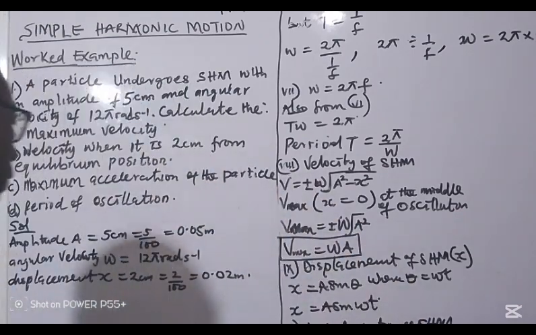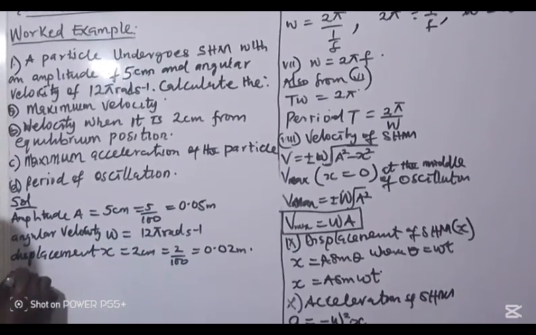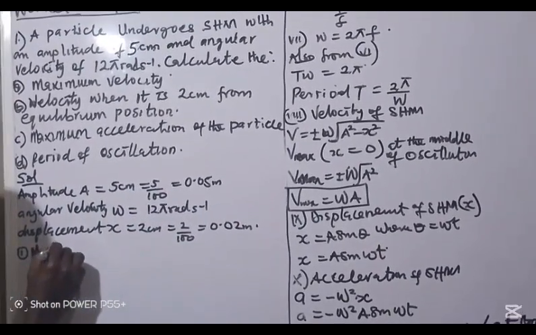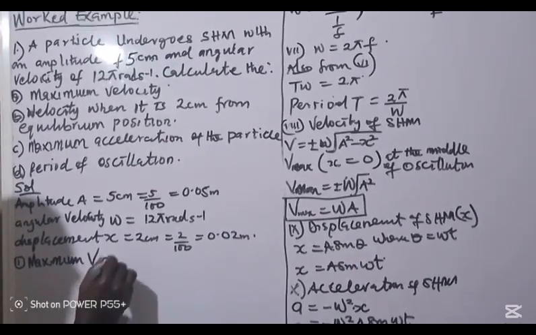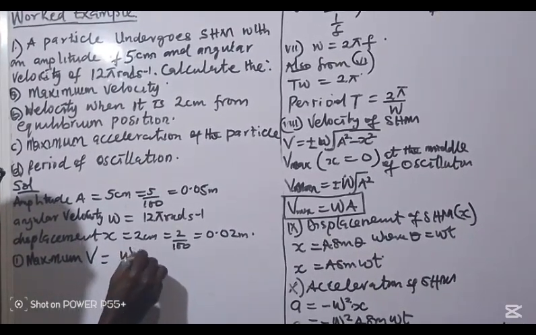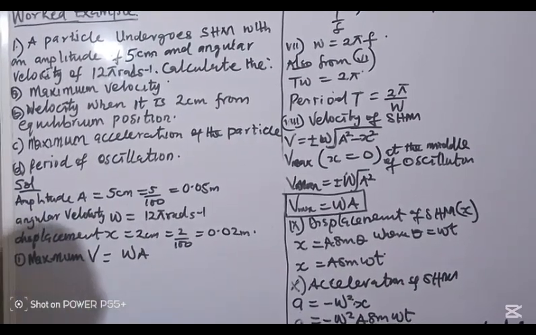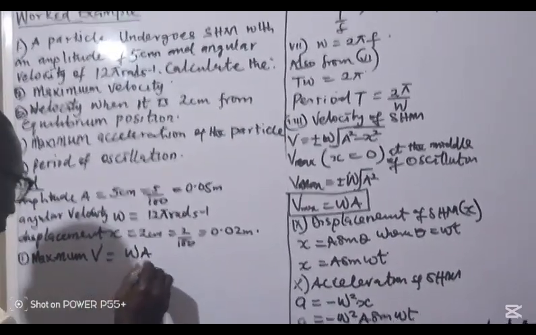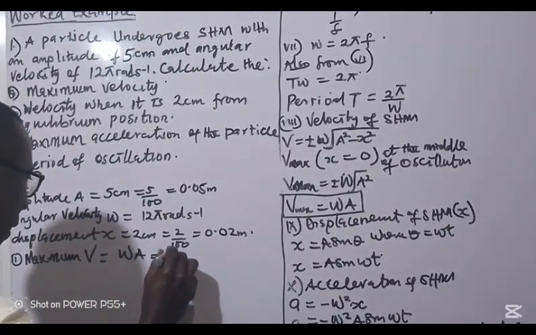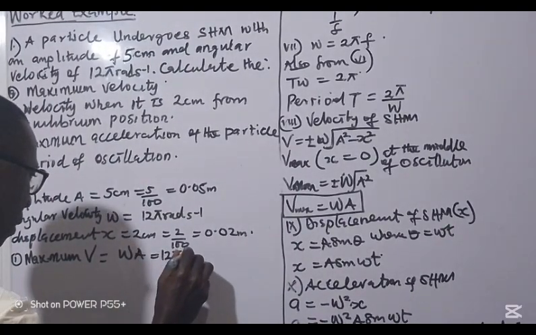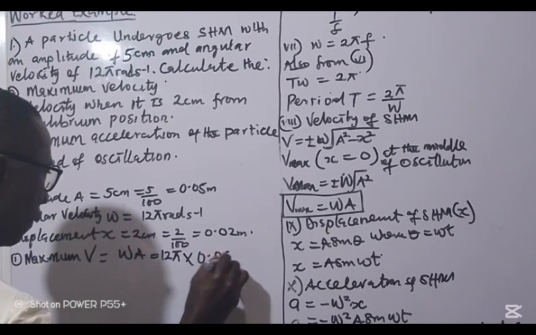If that is the case, we can now say that maximum velocity V will be equal to omega A. Our omega is given as 12 pi rad per second, multiplied by 0.05.